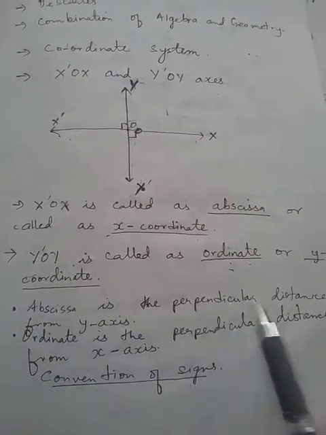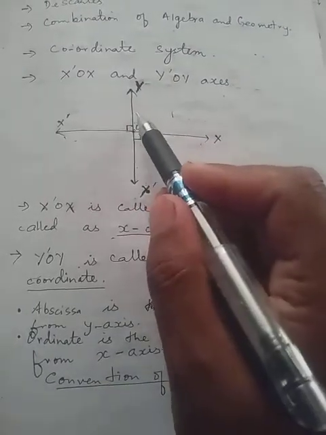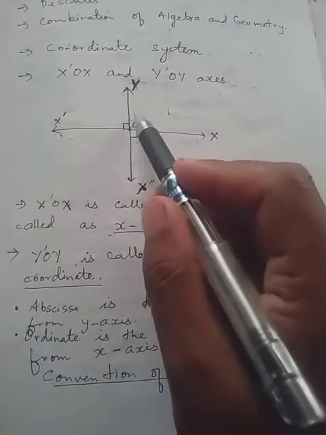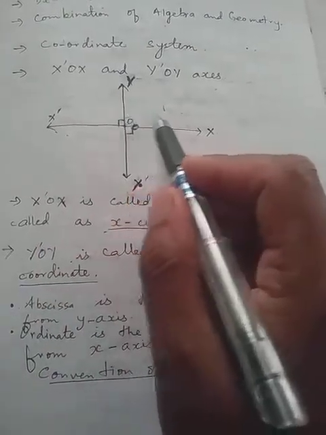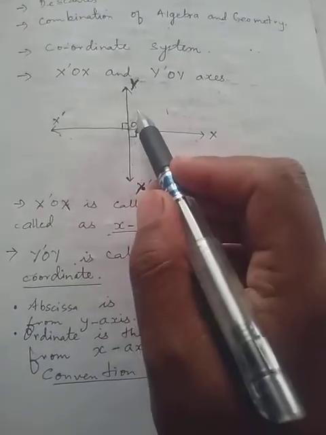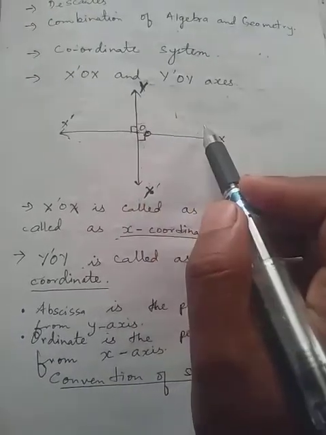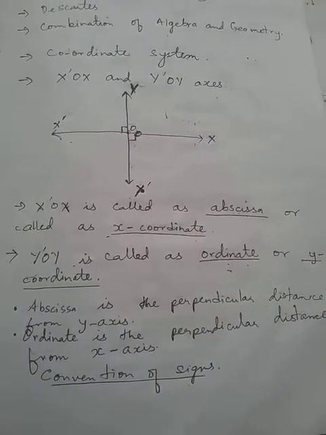Any distance that you draw from this y-axis can be to my left or to the right. Any distance that you draw from this y-axis and is perpendicular to the y-axis is called the abscissa.